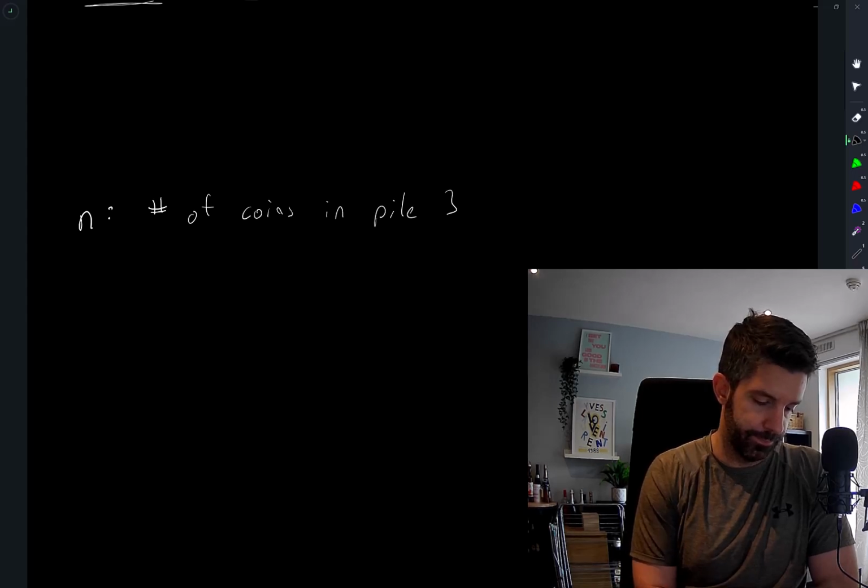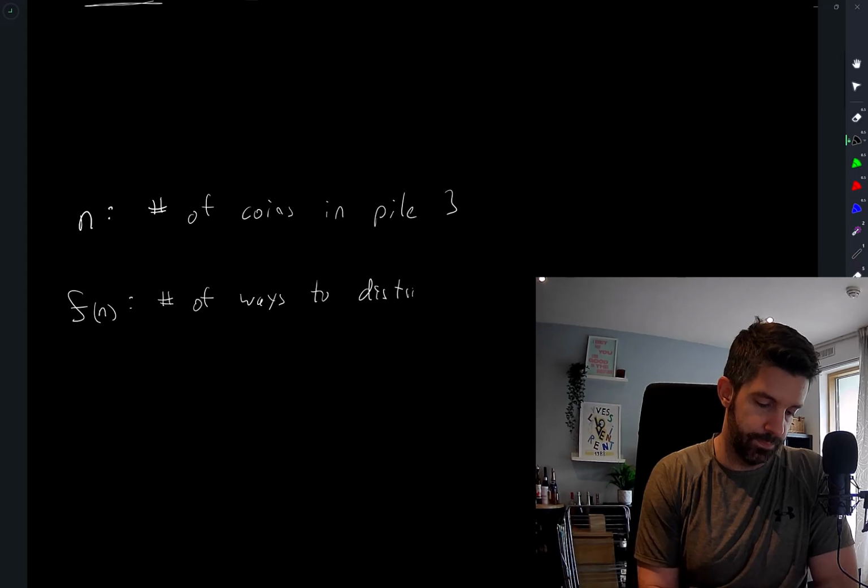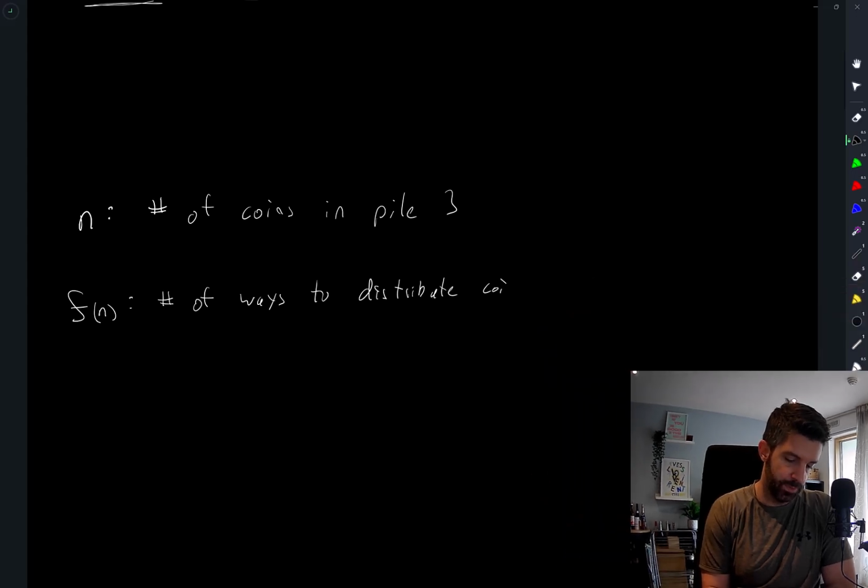So n is the number of coins in pile 3, and f of n is the number of ways to distribute coins in piles 1 and 2, based off of there being n in pile 3.